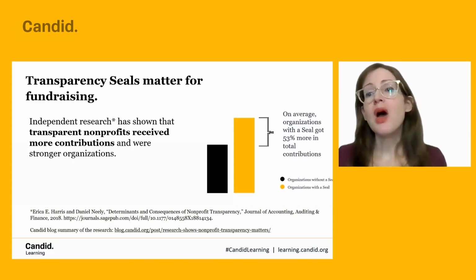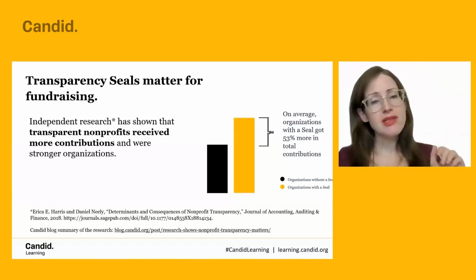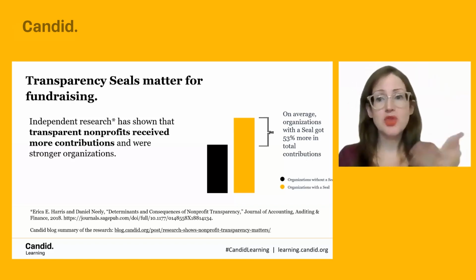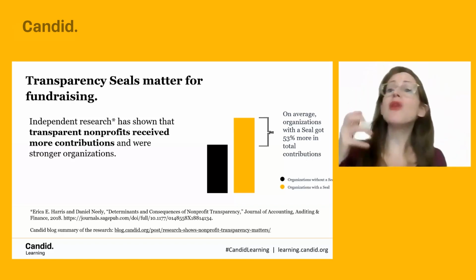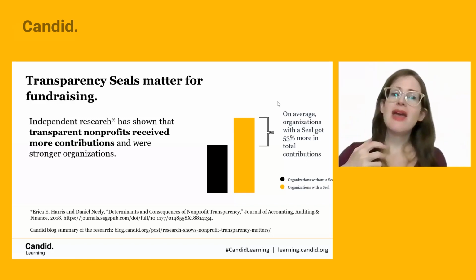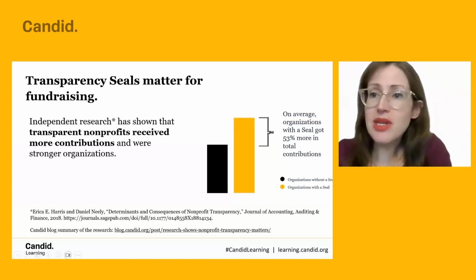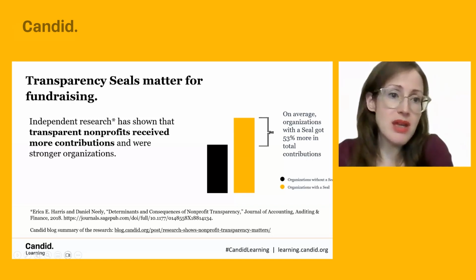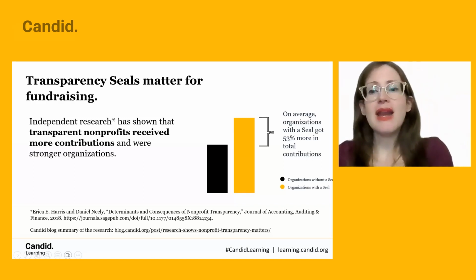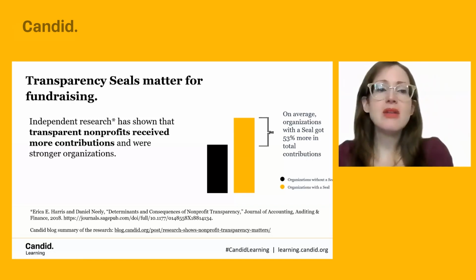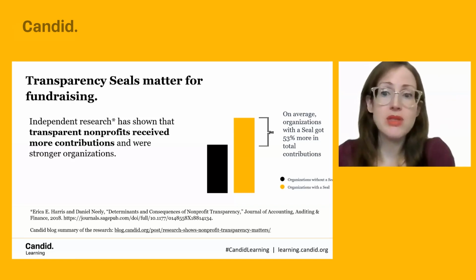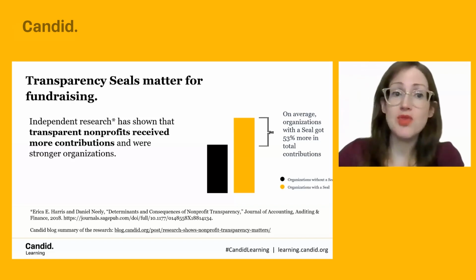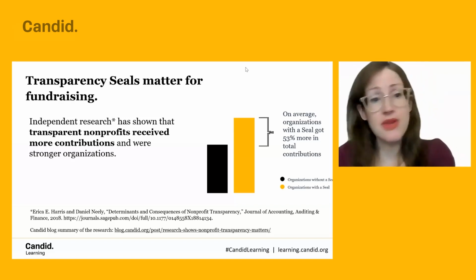In year 2, one cohort still did not have a seal of transparency on GuideStar, but the other cohort did. And it turns out that the nonprofits who did have a seal of transparency on GuideStar received on average 53% more total contributions through their fundraising than the ones who did not have a seal of transparency. And that's a significant difference.